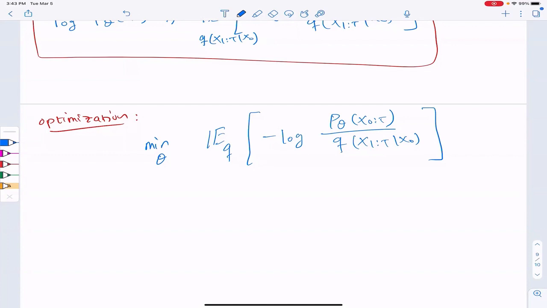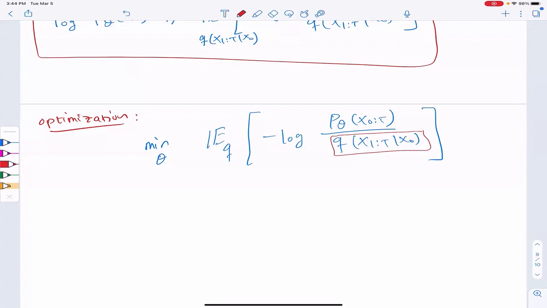Okay. The second point that I wanted to re-clarify was about this term, q(x_{1:T} given x0). Here, you have x0, and then given x0, your conditional distribution of x1 given x0 is a Gaussian distribution. Same for the other conditional distributions.